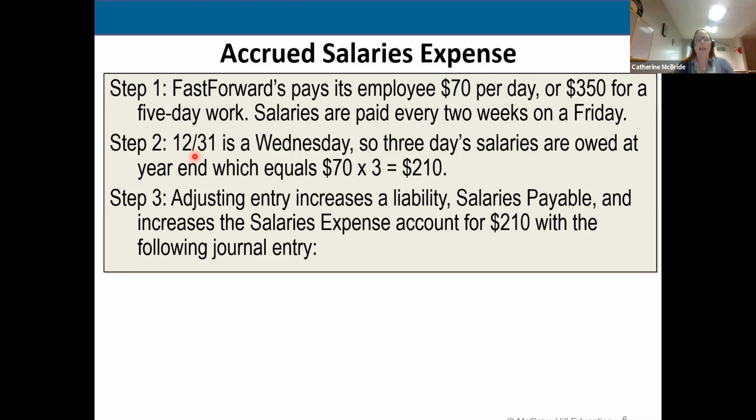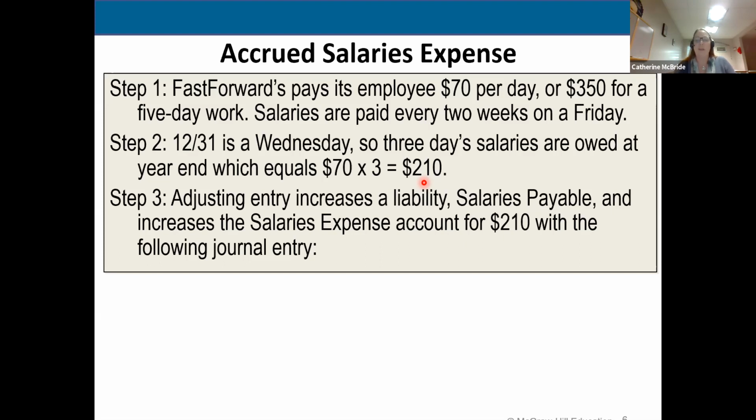So they worked Monday, Tuesday, and Wednesday, and that expense has not been recorded. So $70 a day times 3 days, there's $210 worth of salary expense that has not been recorded.